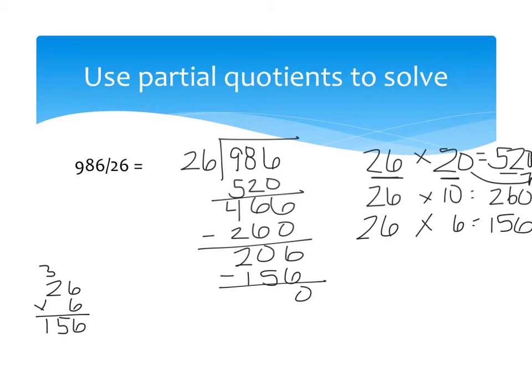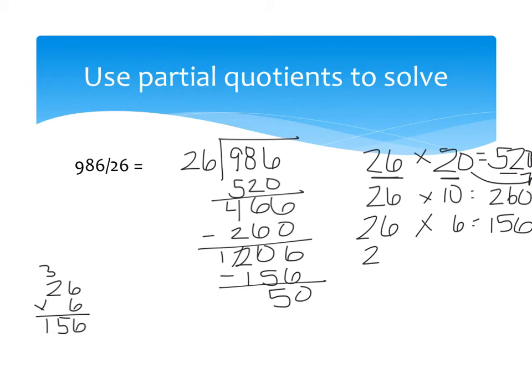Now I can't do 0 minus 5, so I have to borrow. 10 minus 5 is 5. I have to keep going because when I subtracted, 50 is larger than my divisor of 26, so I know I can divide in more times.